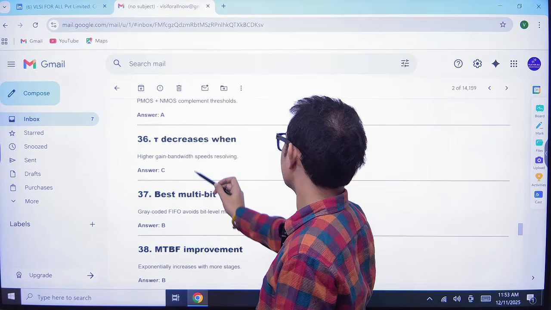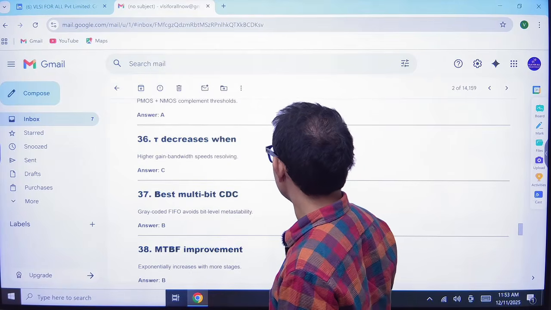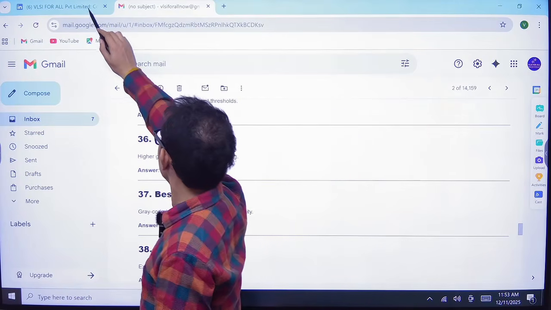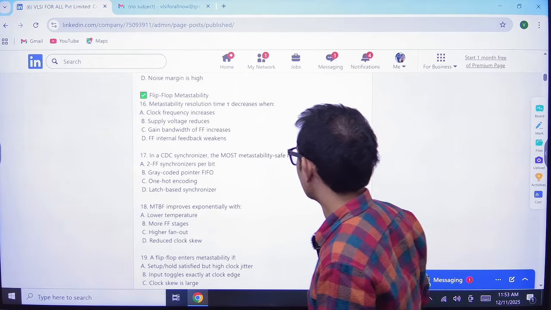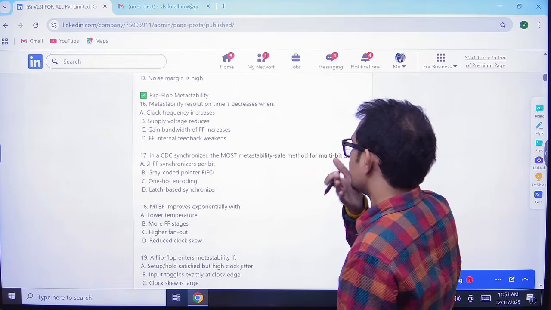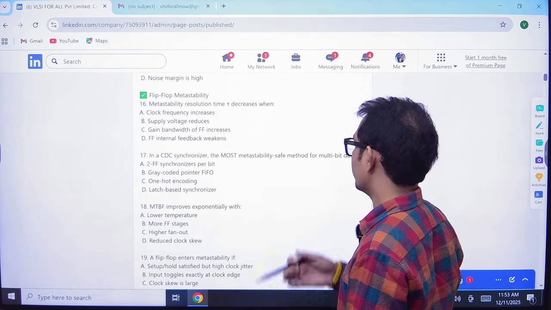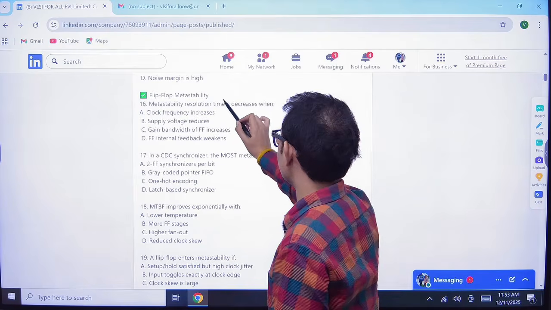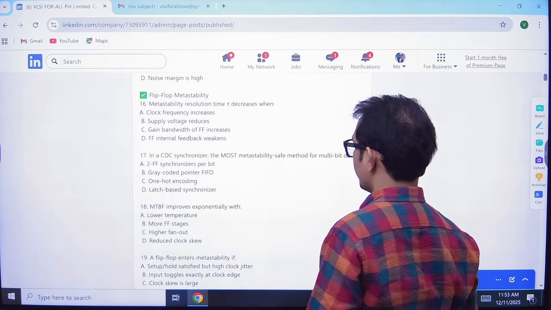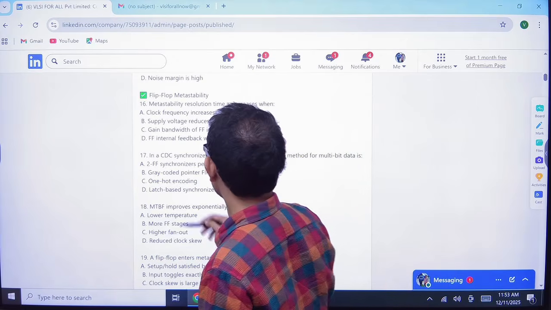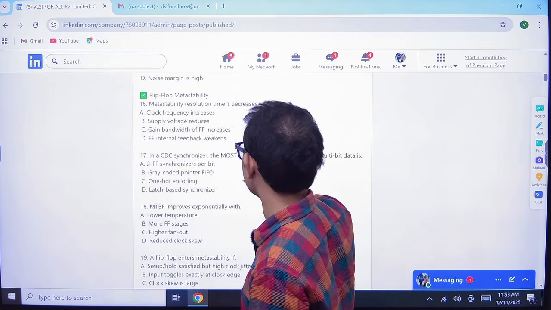High gain bandwidth speeds up resolving, right? So resolution time depends mainly on the gain bandwidth, right?